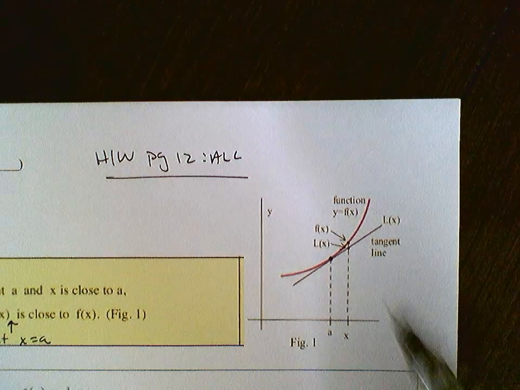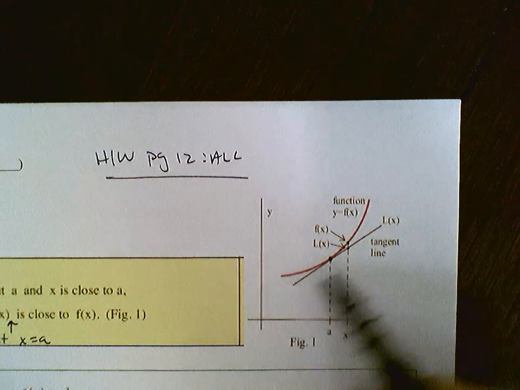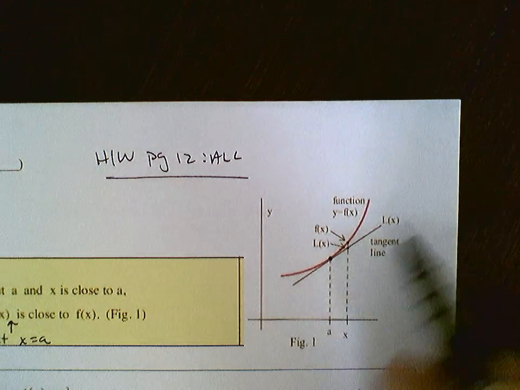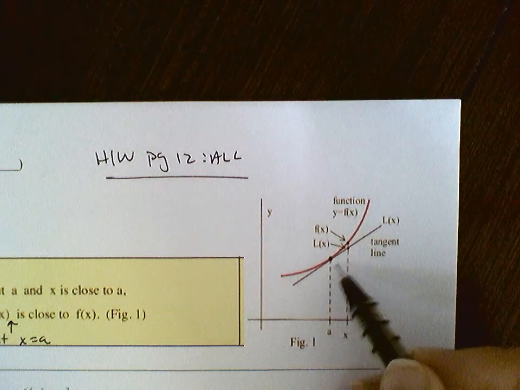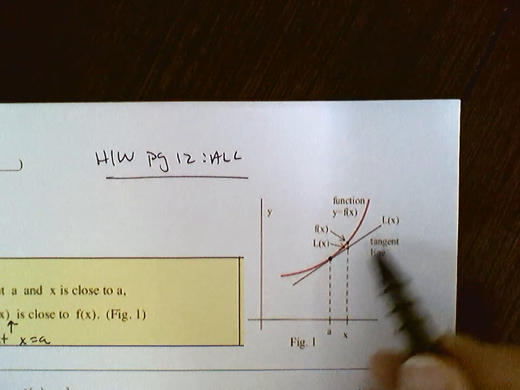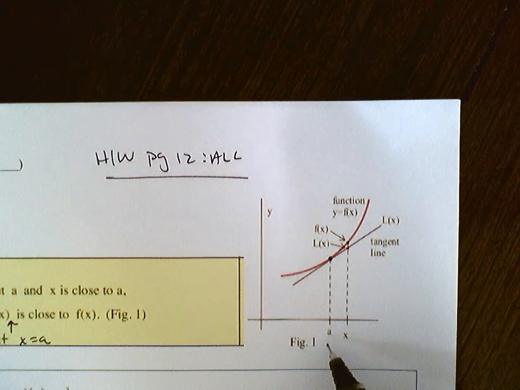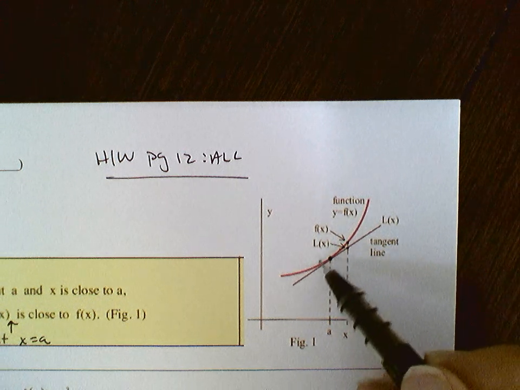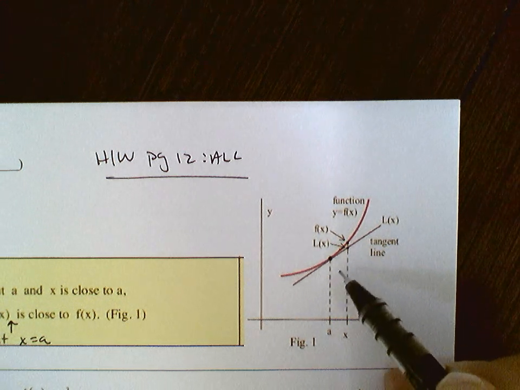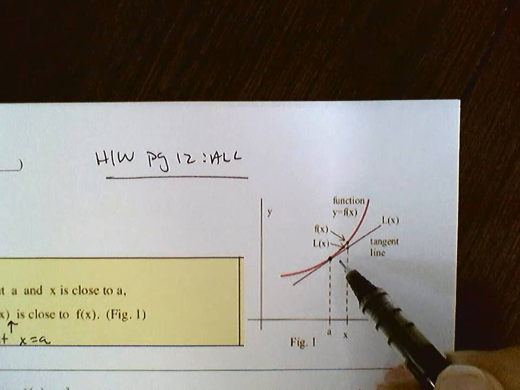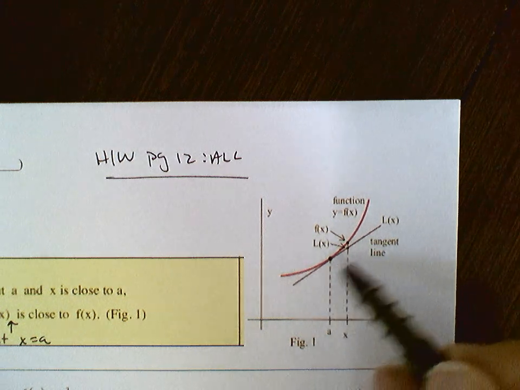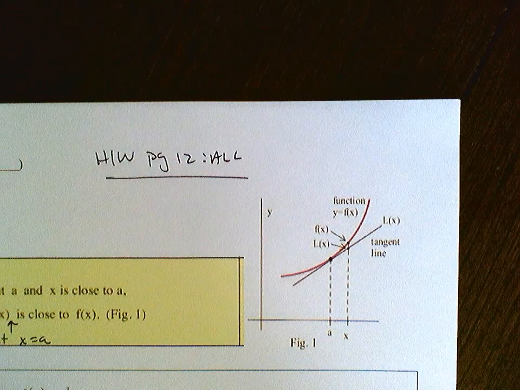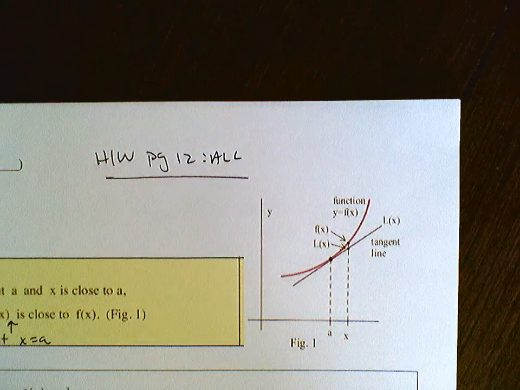And if you take a look at the graph of f of x and the graph of L of x, and by the way, L of x is the tangent line at the x value a. So for input values very, very close to a, the output values of the line are very, very close to the output values of f of x.